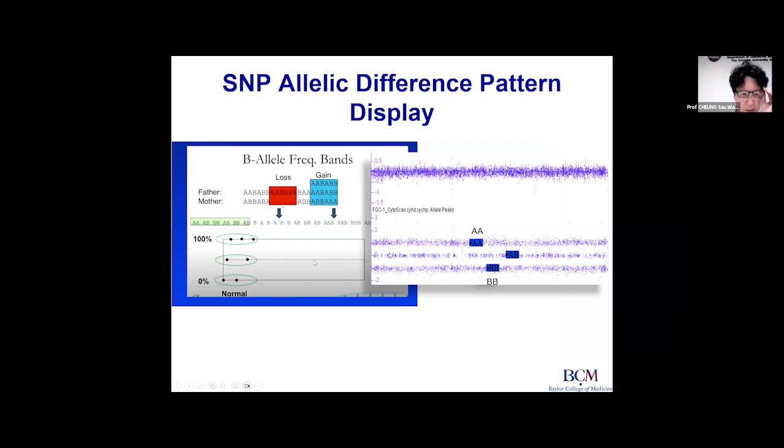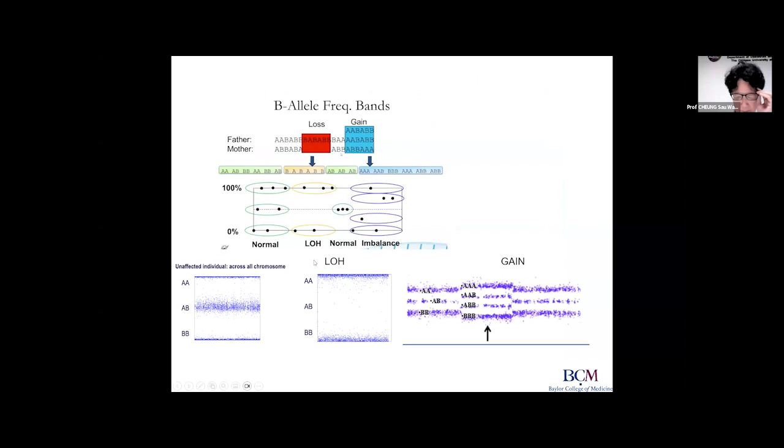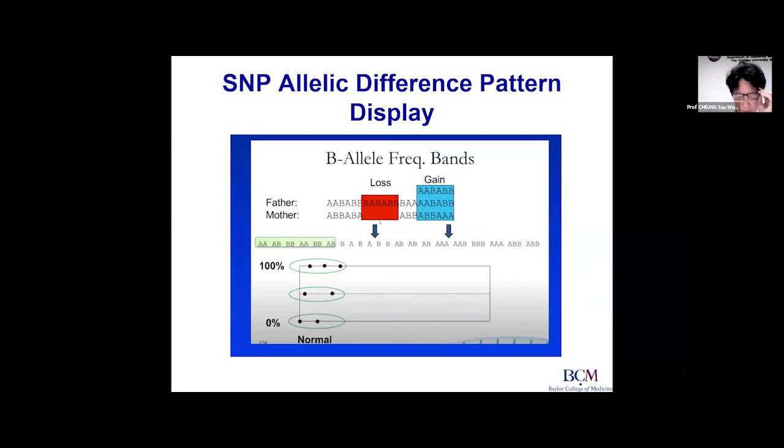And then here, you will have BB, BB, and then AA, BB, and AB. So if it's a single allele, then you'll have a copy number loss. If it's a triple allele, there will be a copy number gain.